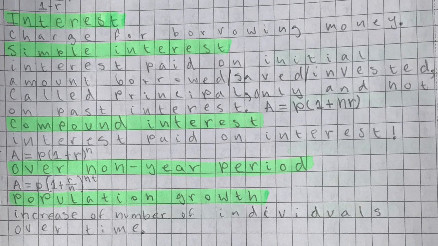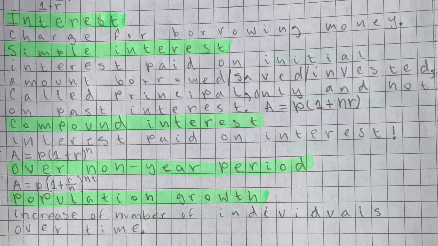Now, there are three different formulas you have to remember for interest. For simple interest, there is A equals P times (1 plus n times r). Let me explain what all of these mean. A represents the accumulated amount, P represents the principal, r is the annual rate, and n is the number of years.